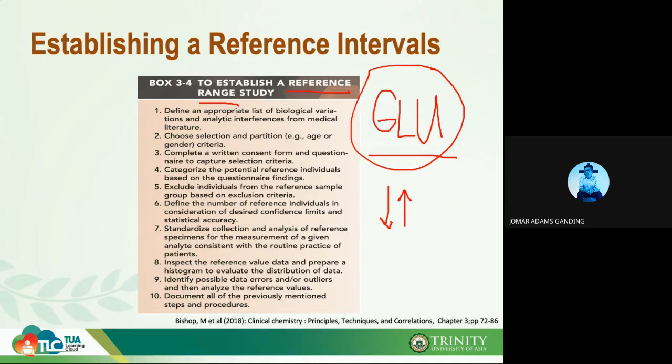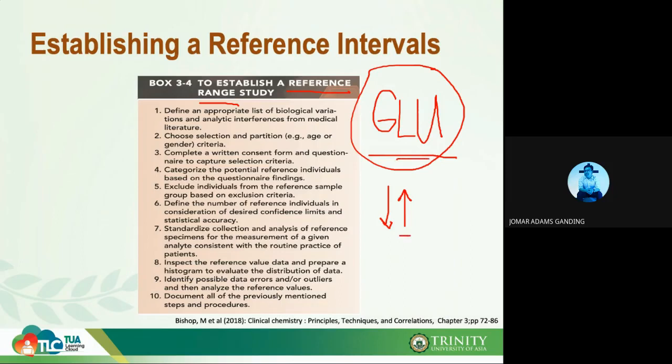Take for example, diet. Take for example, your patient did not fast. Then they ate ice cream before the blood extraction. So your glucose would tend to increase because of the ice cream that you have eaten.